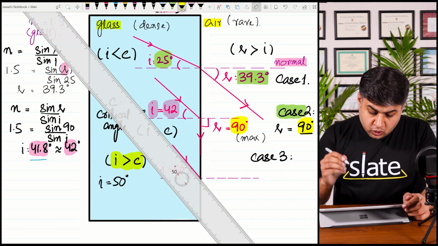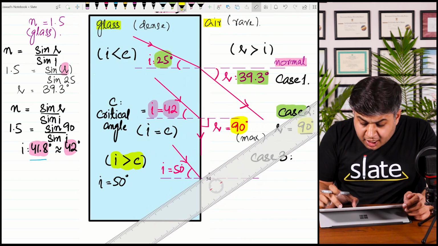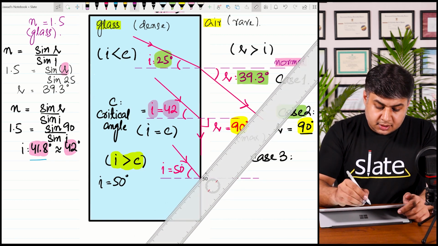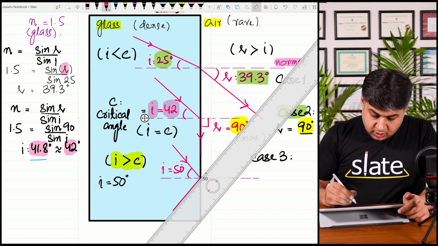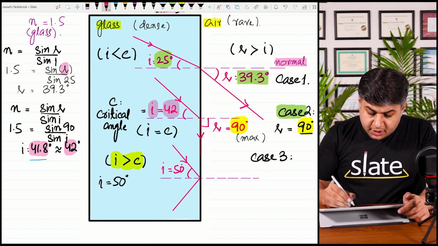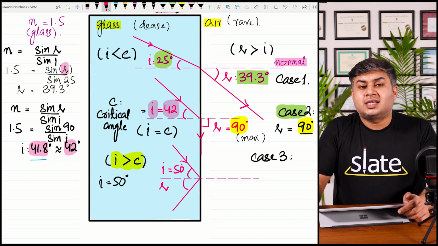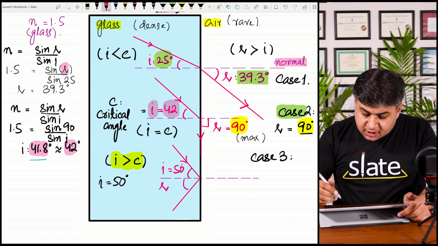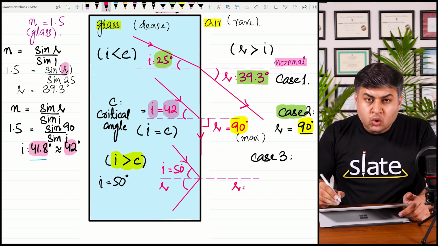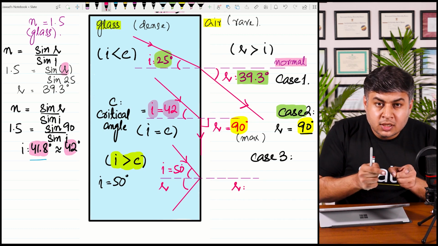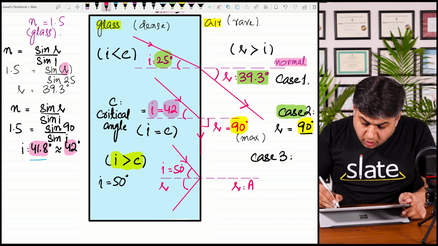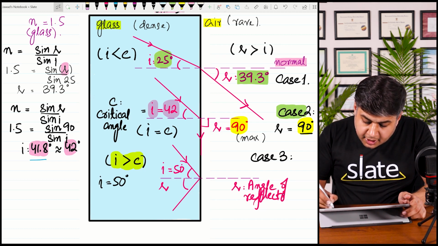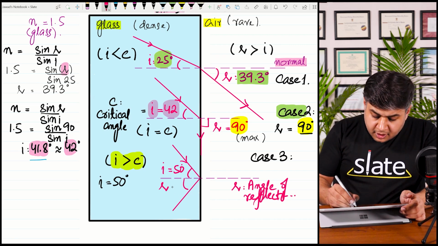So light is being reflected back at an angle of 50 degrees. Now my question is, what is this angle R this time? Is it the angle of refraction or the angle of reflection? Because this phenomenon is total internal reflection, this angle is the angle of reflection.